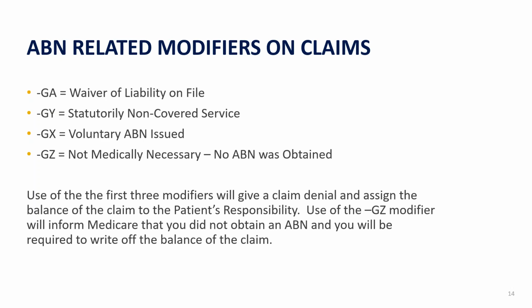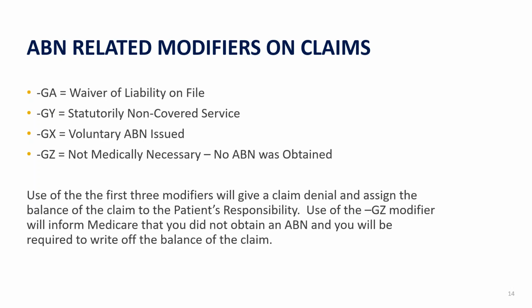But some patients have true secondaries, like federal Blue Cross Blue Shield retirees will have a true Medicare secondary, and there may be services that Medicare wouldn't cover that their Blue Cross plan might. So you would have to bill the service to Medicare first with a GY modifier so it is denied correctly to patient responsibility, and then you could go ahead and bill the secondary payer for that.